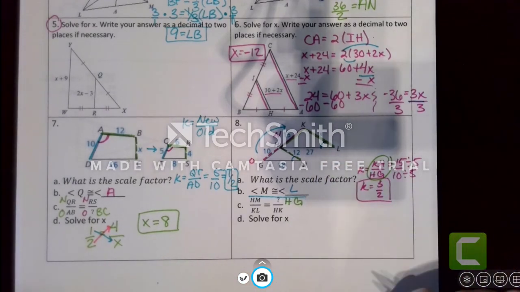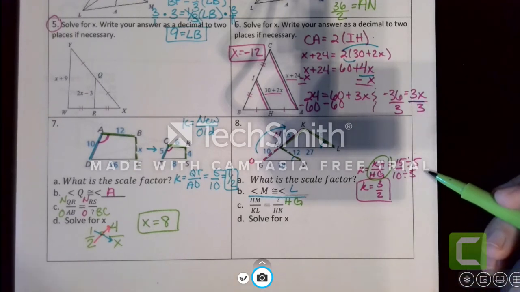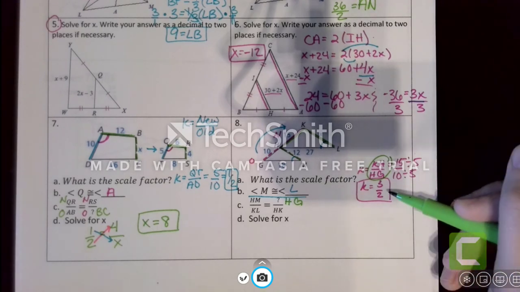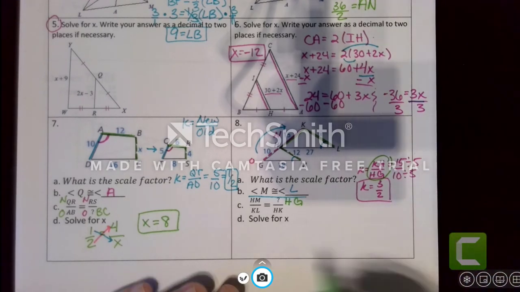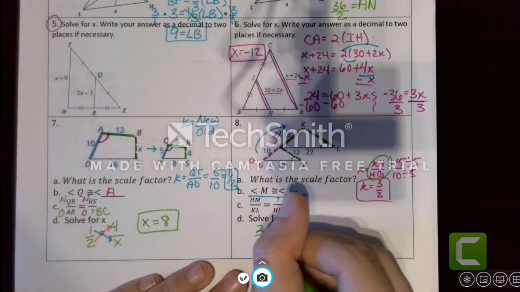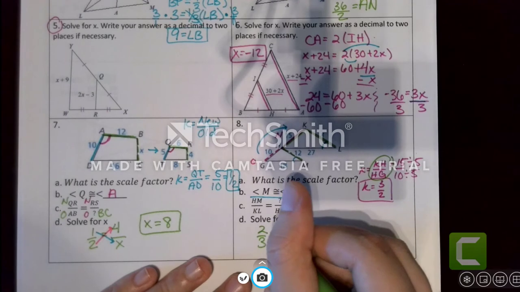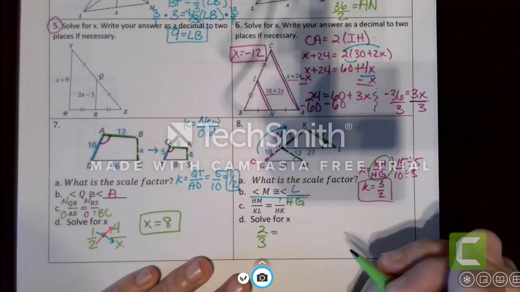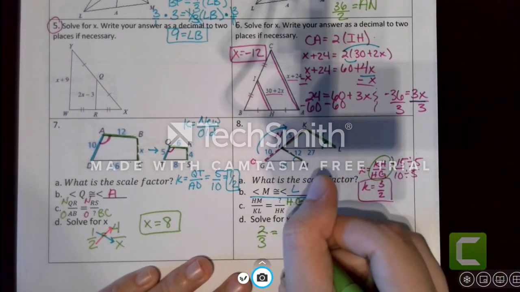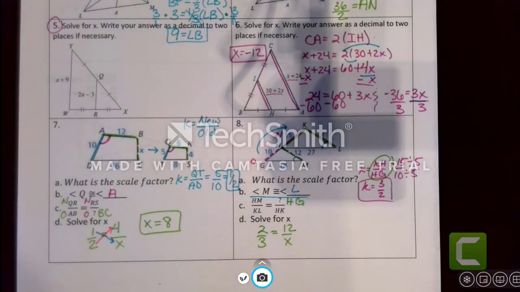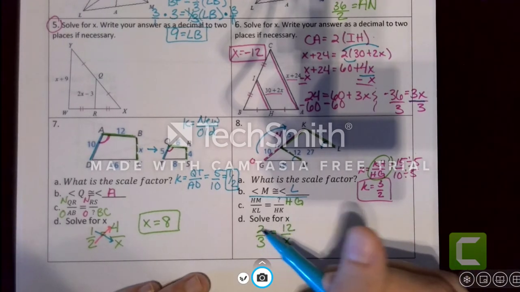And now we just solve for x. Well, we know our scale factor is just a flip, which means that since part A was 3 over 2, your scale factor is 2/3. Now 2/3 is equal to HM of 12 all over your missing value of x. Like in part D, we're just going to go ahead and cross multiply.